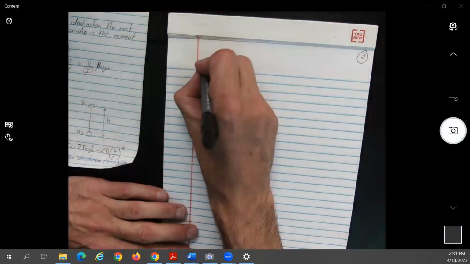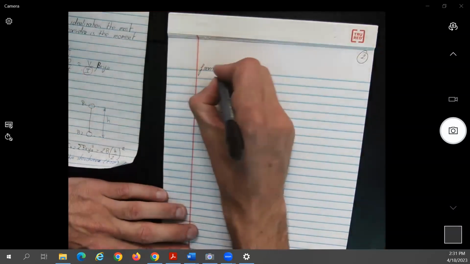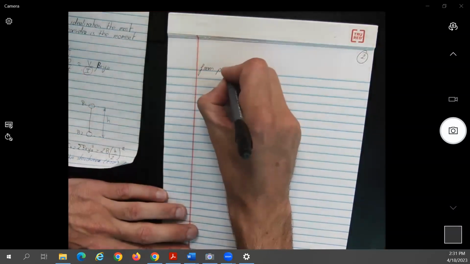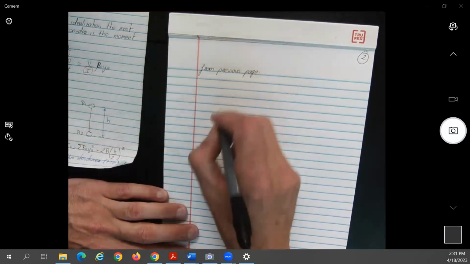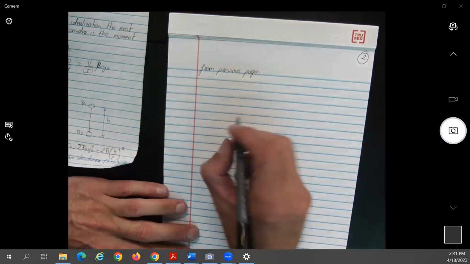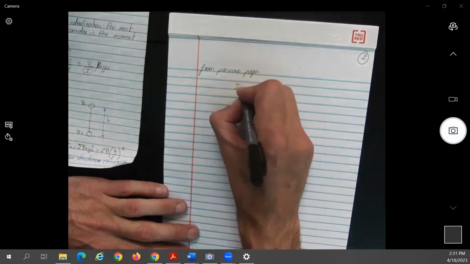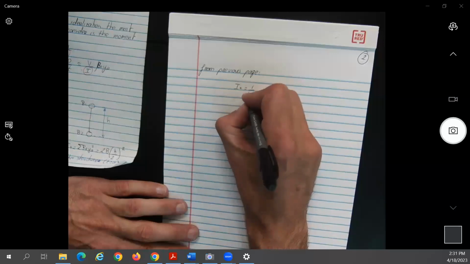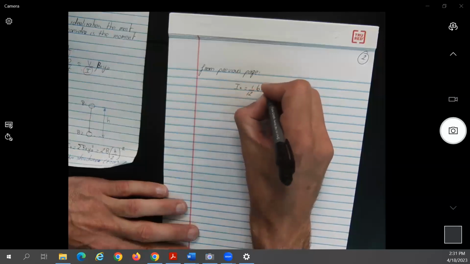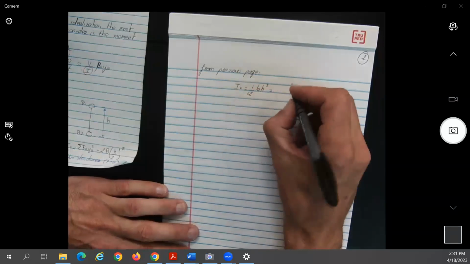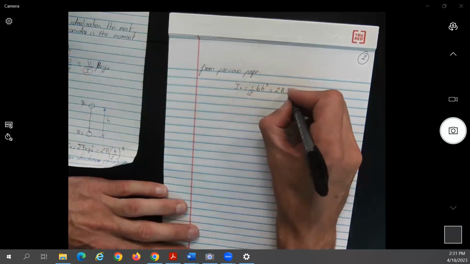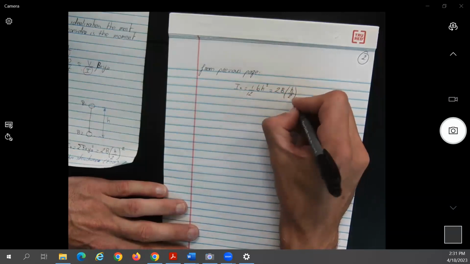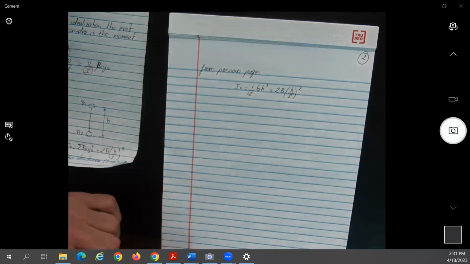Okay, so let's say over here from the previous page, what do we have? Ix equal to 1 over 12 b h cubed needs to be equal to 2 times B times h over 2 squared.